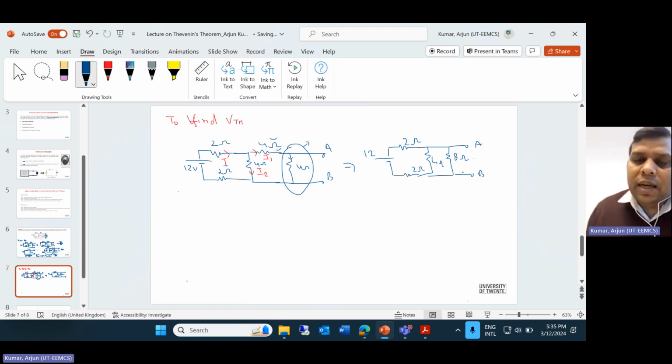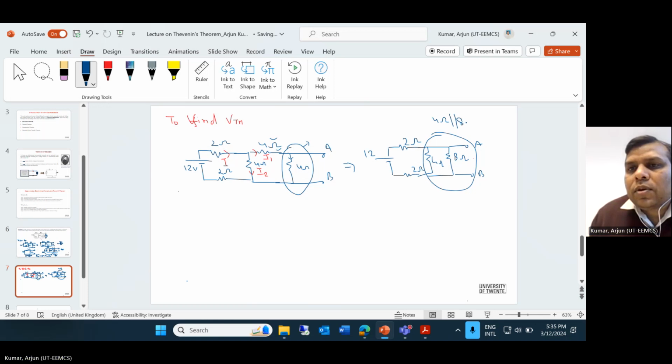Okay, now here if you see this figure, this 4 and 8 are both in parallel. So this 4 ohm is parallel with the 8 ohm. Okay, so what we are going to find out is the total current. So for this circuit, you solve this 4 and 8, it will be 4 into 8 upon 12.